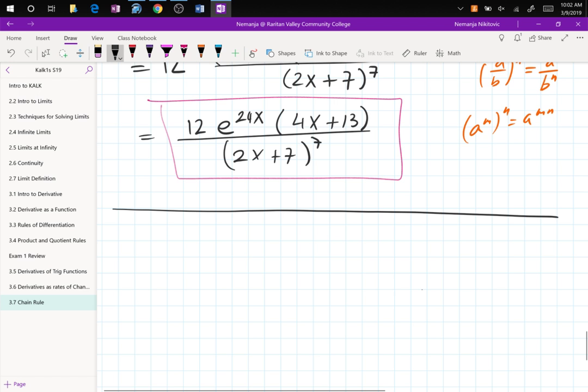I'm going to get something from your homework that combines these rules. So let's see. We're going to go into the chain rule, chapter 3. And then right after this, we're going to practice this even more.